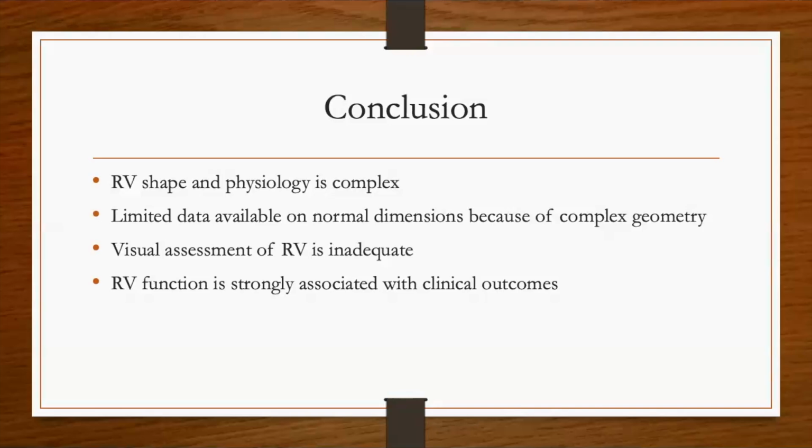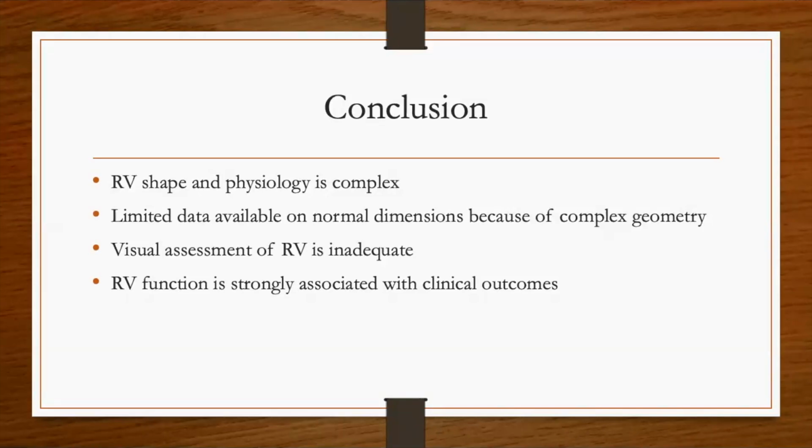So in conclusion, as you guys have mentioned, it is difficult to assess the right ventricle because of its asymmetrical shape, and because the physiology, especially the way it contracts, is quite complex. There is limited data available on normal dimensions of the RV. I think it's been established that visual assessment by itself is not adequate, and some way of assessing RV function in a quantitative manner is recommended.